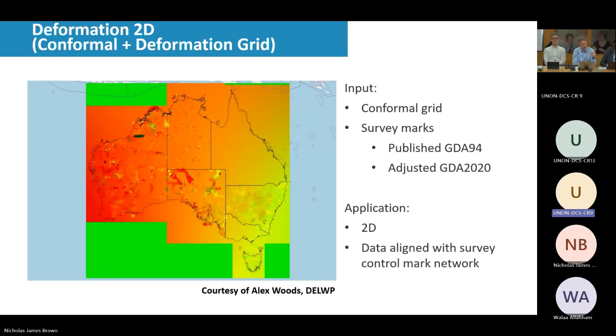So between GDA1994 and GDA2020, they'd be continually removing a lot of these coordinates and adjusting their coordinate set and updating the coordinates and sharing those coordinates with users. But all the other states and territories, they didn't change things since 1994 when it got implemented. So they had more distortions and biases that they needed to remove.